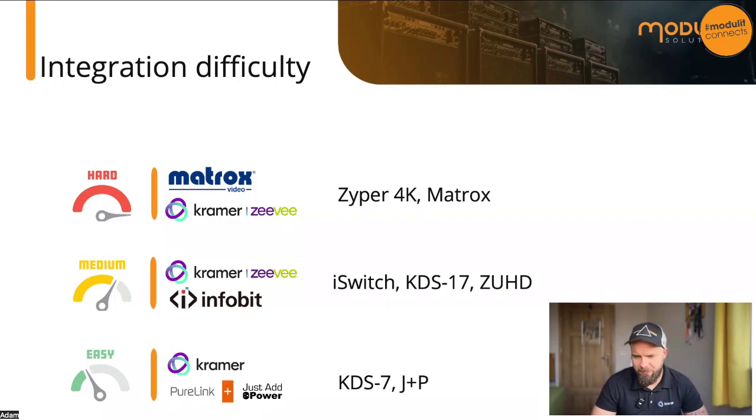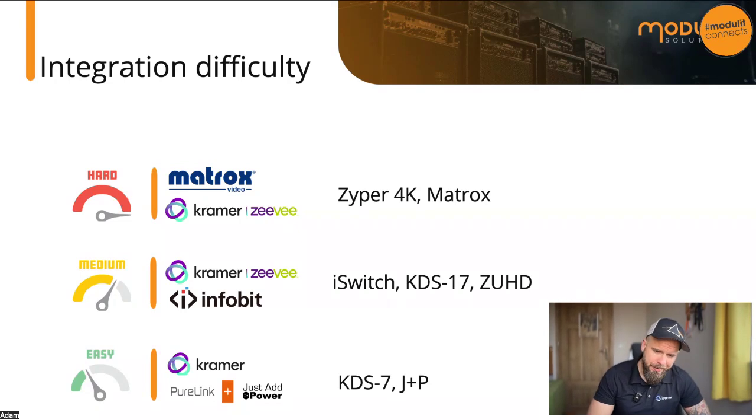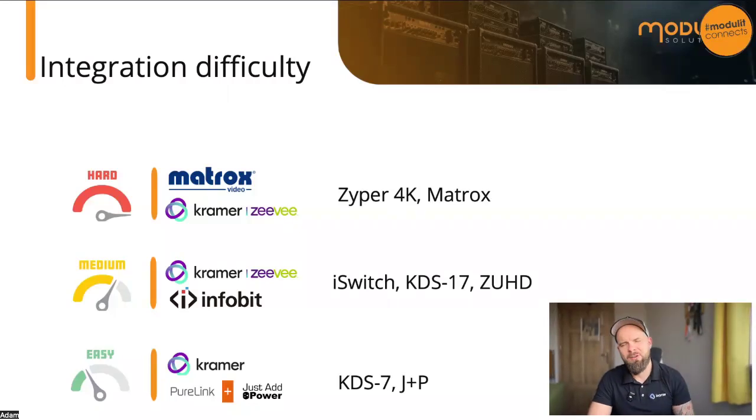If you have some experience and need more functions, to do more with the signal, go for the KDS17, or if you need a more budget-friendly solution, go with the iSwitch from Infobit. But if you need to be at the top in terms of quality, and you need more functions like multi-stream, multi-channel streaming, and you are not afraid to integrate this kind of system, just go with the Matrox and specific ZeeVee solutions here.